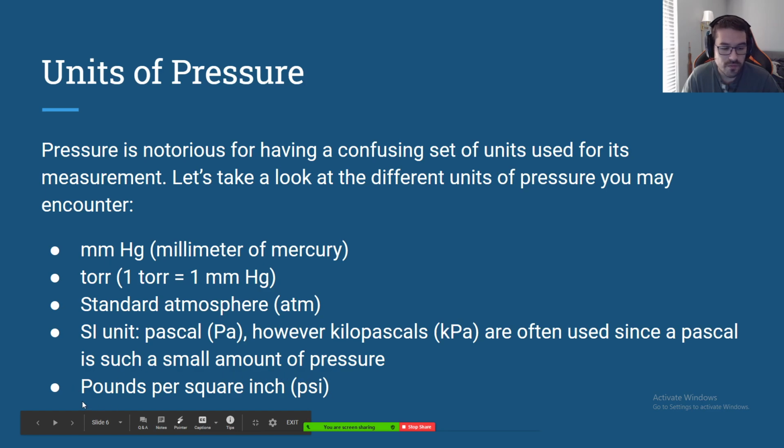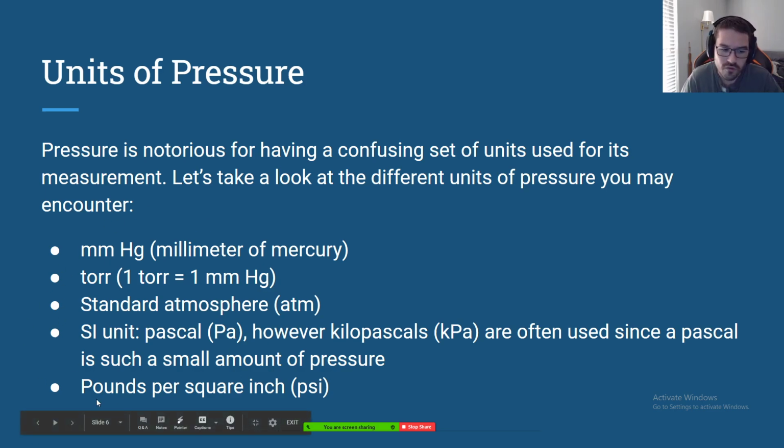Another one that's more of an American unit of pressure is pounds per square inch, or PSI. This is what your tires are measured in, when you use the little device with a white stick that pops out to measure the air pressure in your tire. That's usually measured in PSI.